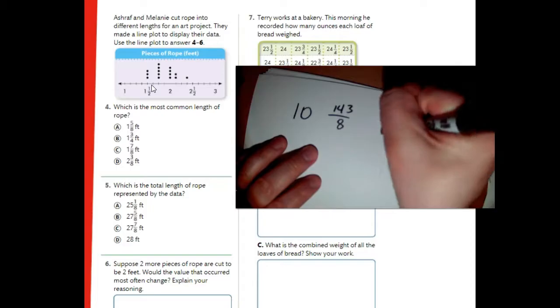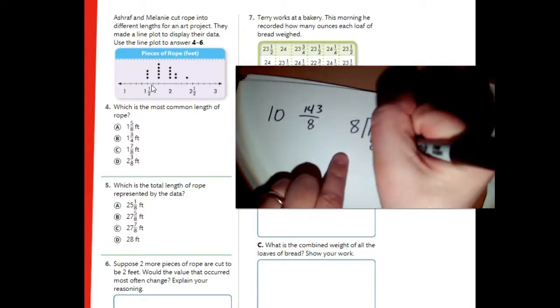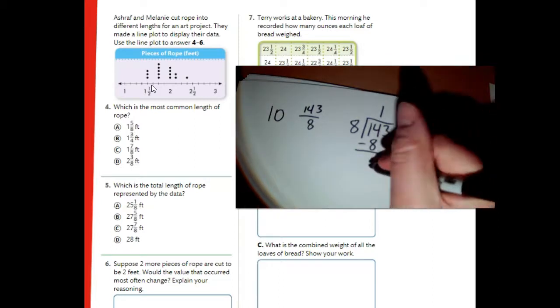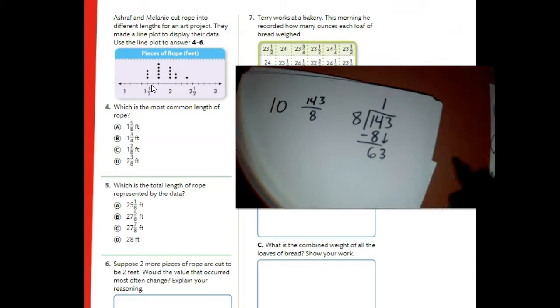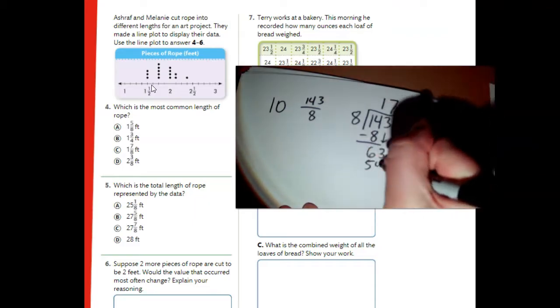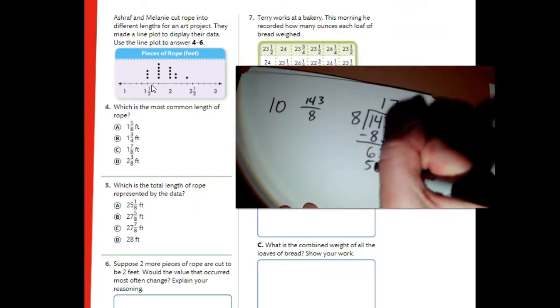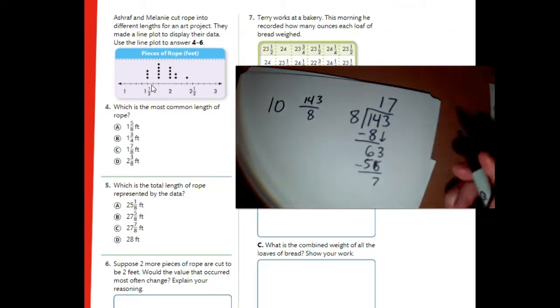143 divided by 8. 8 goes into 14 one time. That'd be 8. I'll subtract. I end up with 6. Bring down my 3. 8 goes into 63 7 times. 7 times 8 is 56. Sorry. Subtract. I end up with 7 as my remainder.